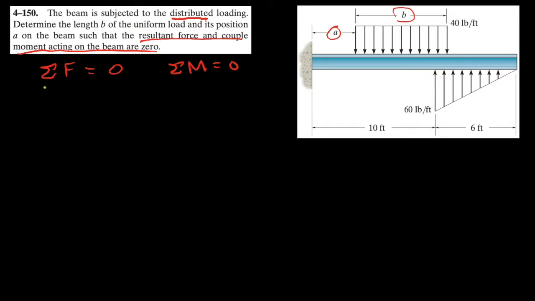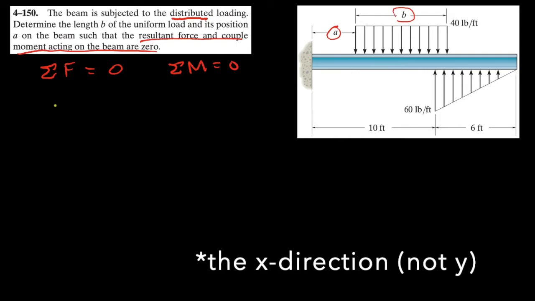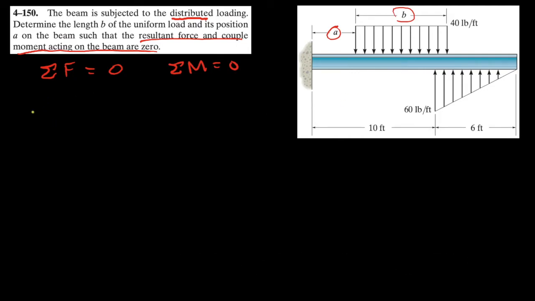Starting off, let's solve for the total summation of forces. We can see that there are no forces acting in the x direction because all the loads are vertical. So we want to note that down by saying the total summation of forces in the x direction is 0. Now, let's do the y direction.